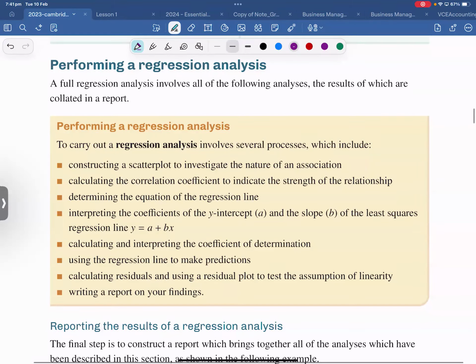Christian, what did we start, guys? Firstly, we tried to construct a scatter plot. Why? Because scatter plot is the only method for us to identify the relationship between two what? Two numerical data.